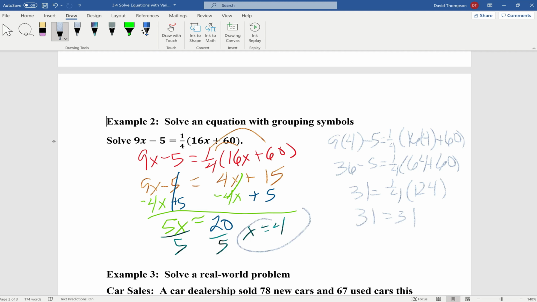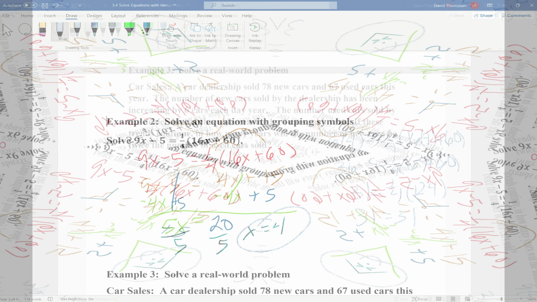So our correct answer is x equals 4, and we are done solving example 2.